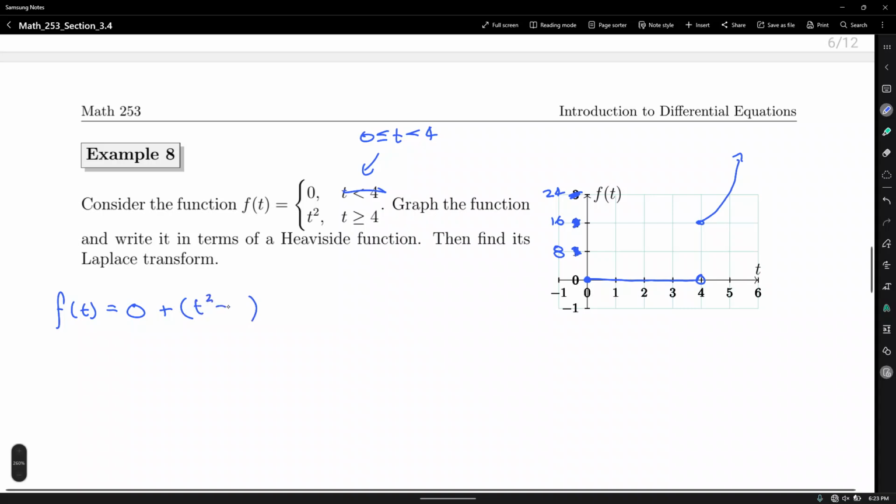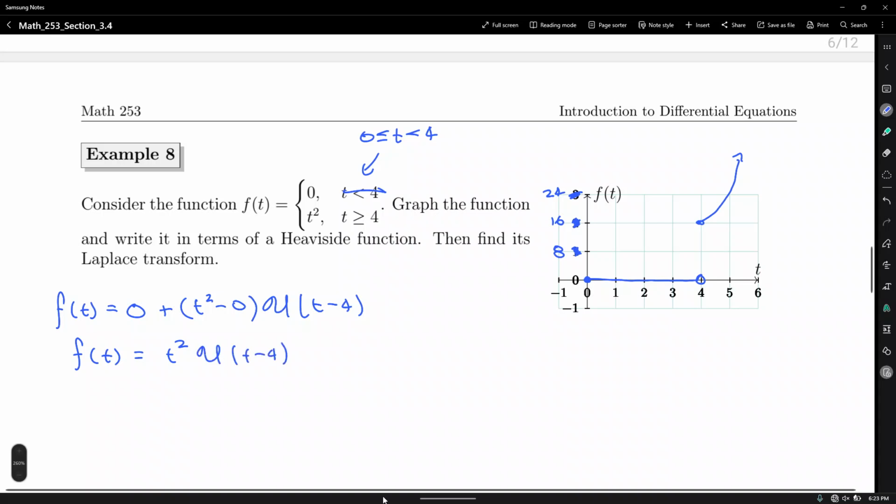Do you guys agree, t squared minus 0? So t squared, which is whatever turns on, minus whatever we turn off, which is a 0, times u of t minus 4. Okay, I mean, this simplifies to the following: t squared u of t minus 4.